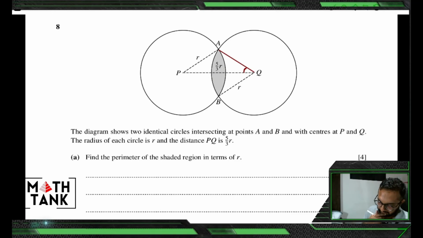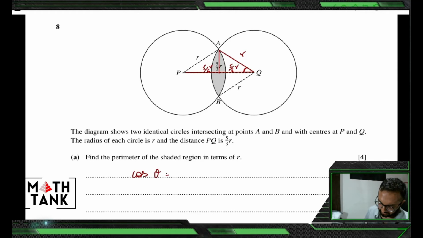Now how do I find this angle? That's R, and the entire thing is 5 over 3 R. Can I say that this is going to drop at the center? So that should be 5 over 6 R and 5 over 6 R. So can I simply use my trigonometric ratios?